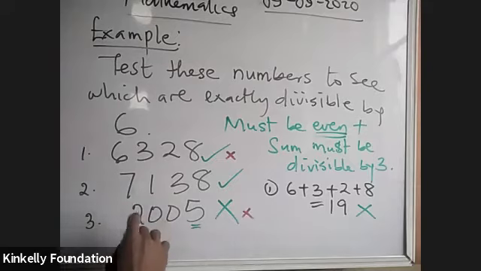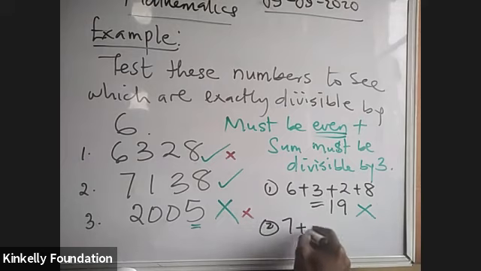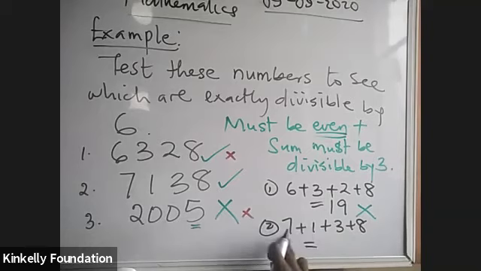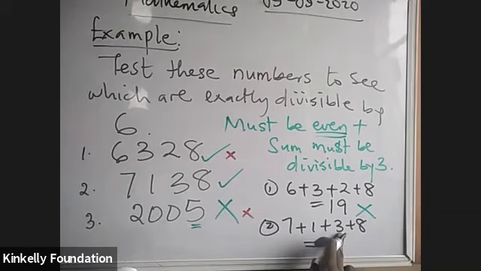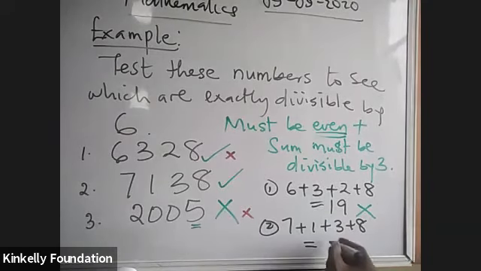In the second one, we have 7 plus 1 plus 3 plus 8. 7 plus 1 is what? 8. 8 plus 3 is what? 11. 11 plus 8 is what? 19.